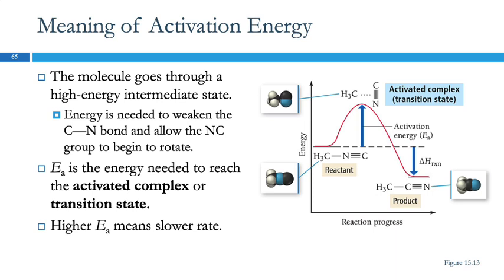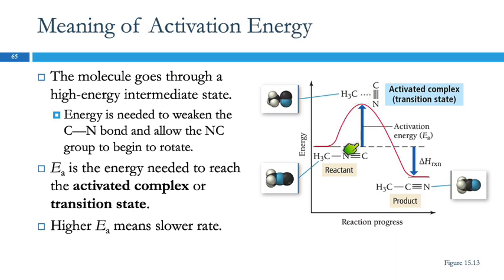So in order for it to do this, it has to have enough energy to begin breaking the nitrogen bond with the carbon, weakening that bond. So it's like a tension on a rubber band or something. You have the energy to pull it out. It allows this group to begin to rotate.